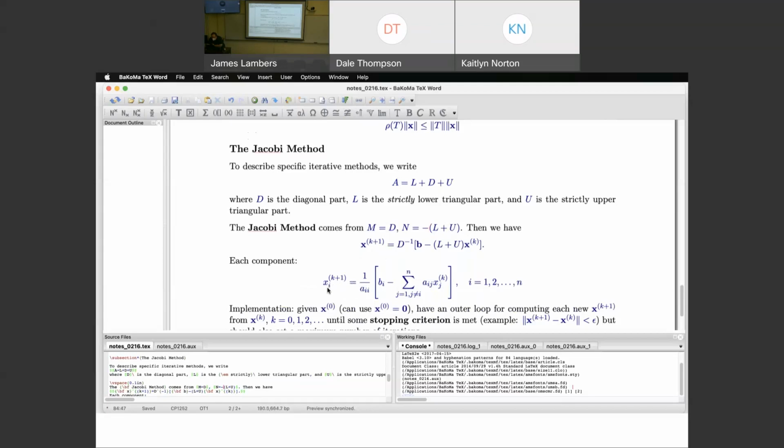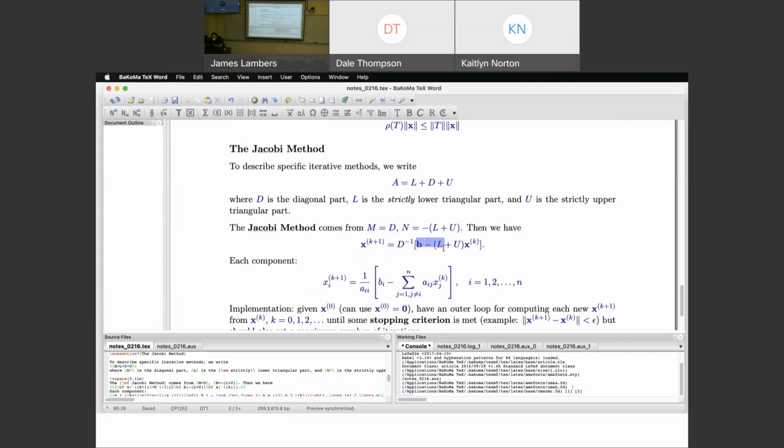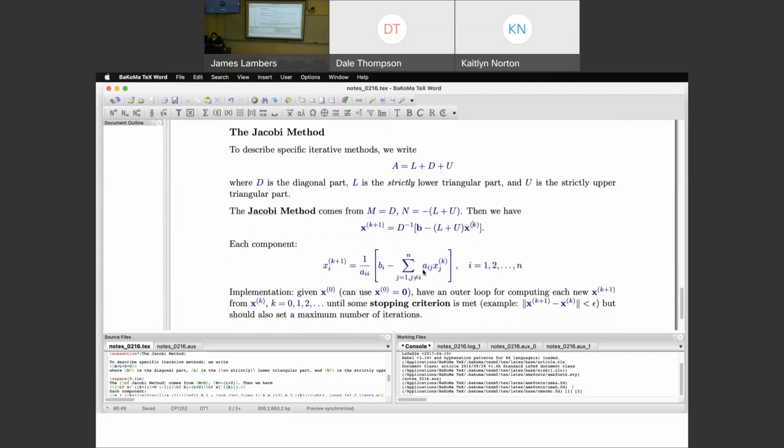Each component i of the new x is 1 over the corresponding diagonal entry times b_i minus the ith element of this matrix vector product, really multiplying A times x, except the diagonal entry is not included, so that's why I have j not equal to i here. Everything else is included.